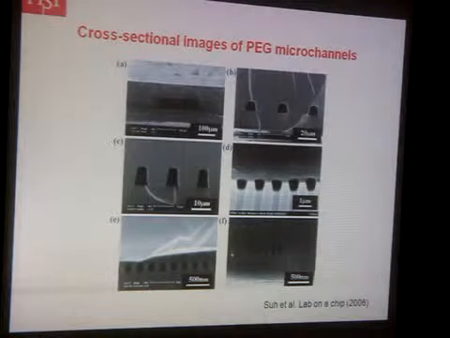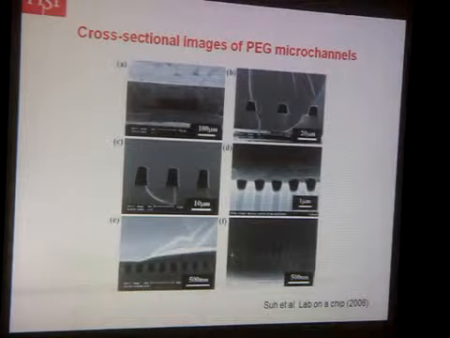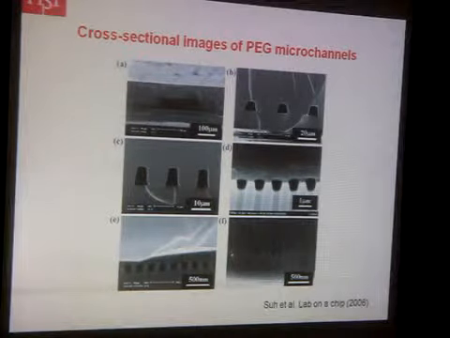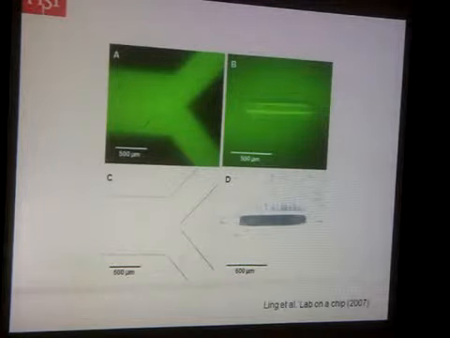The process here is very scalable, and the sizes are also very controllable, from hundreds of micrometers down to sub-micrometer length scales, much beyond the resolution that you would need. And what's interesting about these hydrogel channels is that they behave in a very particular way.